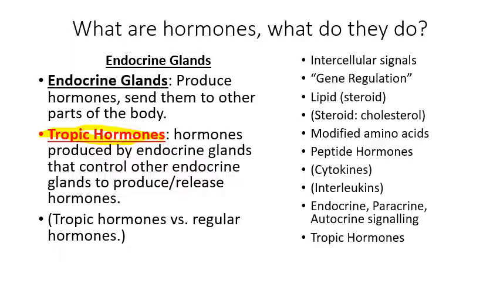So thyroid stimulating hormone is a tropic hormone because its target is to stimulate the thyroid gland, which is also classified as an endocrine organ, and the thyroid gland also produces hormones. And so a hormone that causes another endocrine organ to release or produce hormones is referred to as a tropic hormone. So we have to draw a distinction between tropic hormones versus regular hormones.